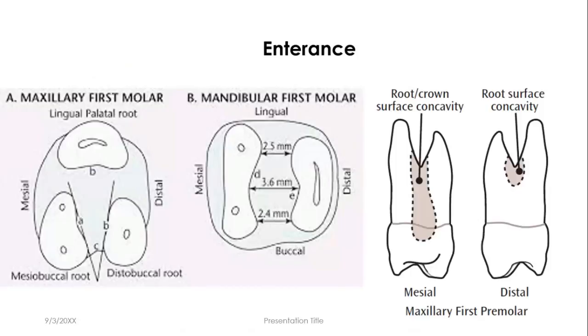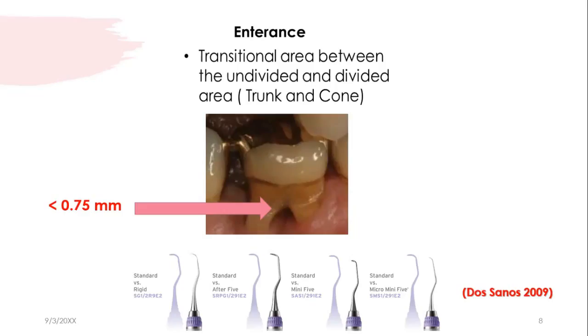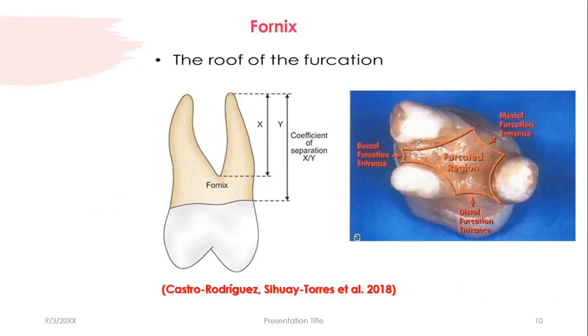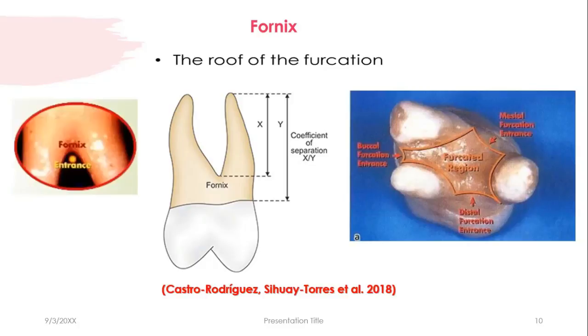The blade width of curettes was reported to be limiting during furcation debridement. The fornix is the roof of the furcation. The main difference between fornix and entrance is that the entrance is the starting point of the furcation and trifurcation area, while the fornix is the most coronal surface of the root separation.